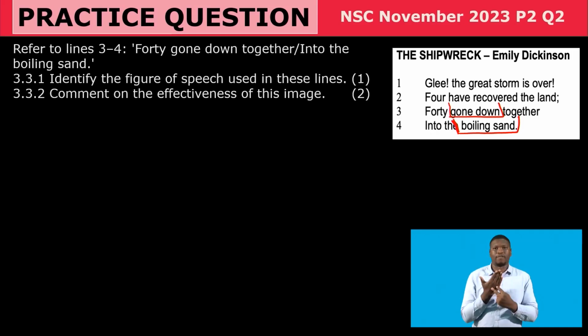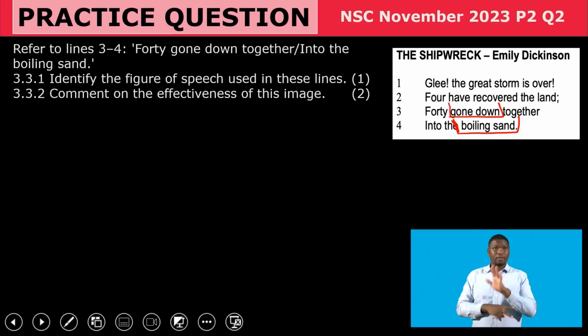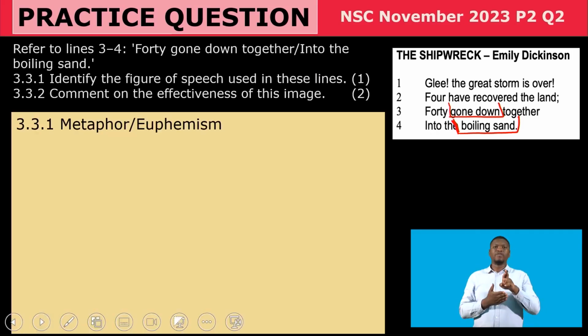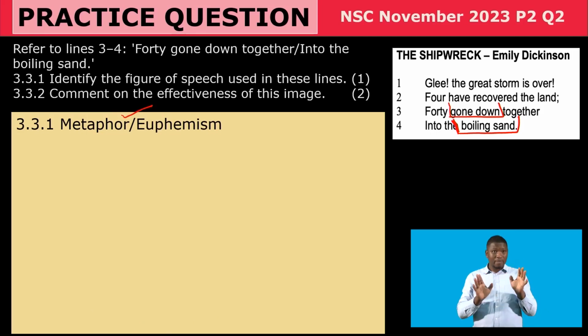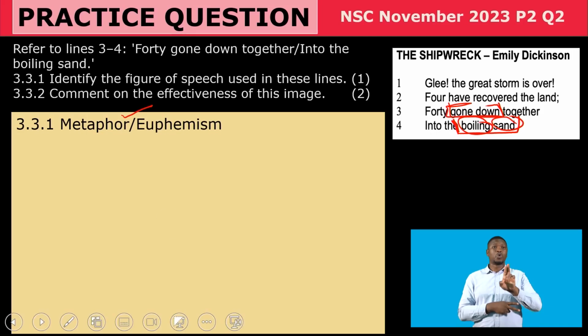Now, we have to identify for 3.3.1, which we've just done, and then we need to refer to the effectiveness. So we said it's a metaphor because it's comparing the sand to something that is boiling, and the "gone down" is euphemizing the death of the people. Now, why is this image effective? What point does the speaker make by using these words?